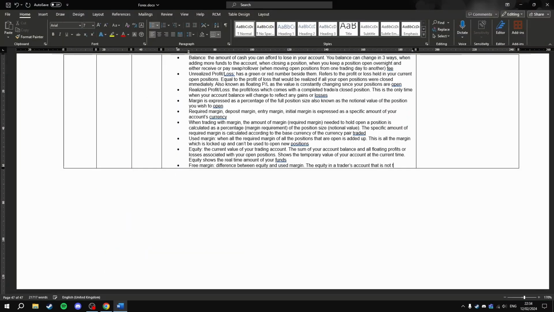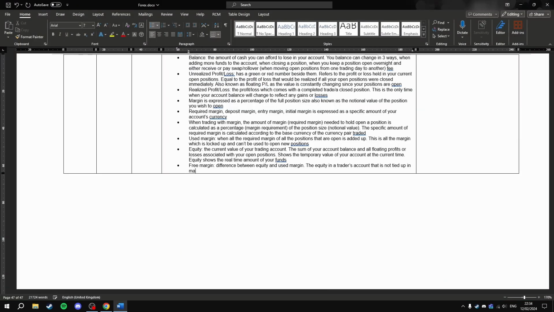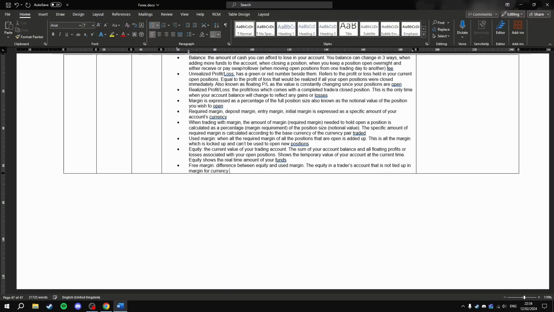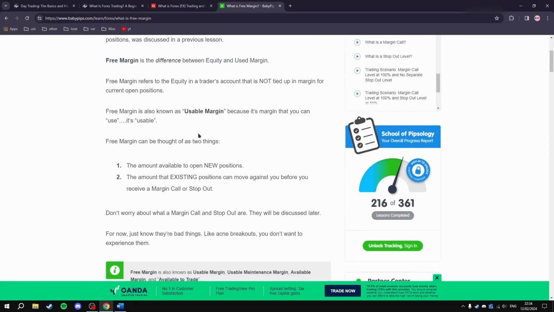That is not tied up in margin for current open positions. Free margin is also known as usable margin because it's margin that you can use.